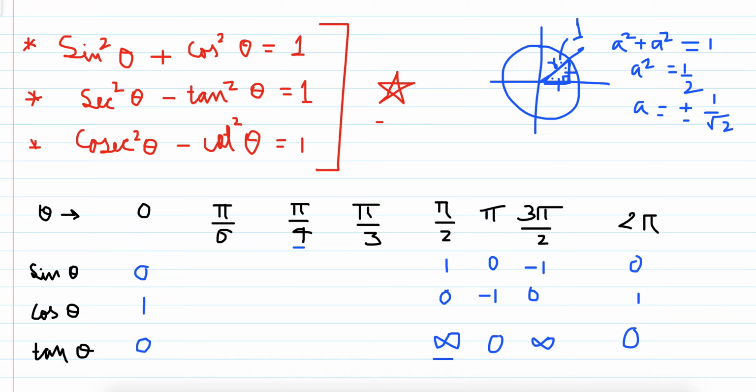But we will ignore the negative value because it has to be positive. So a is 1 by root 2 and b is also 1 by root 2. So sine theta is equal to a divided by r, r is 1, so 1 by root 2.